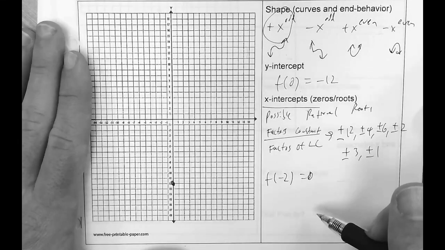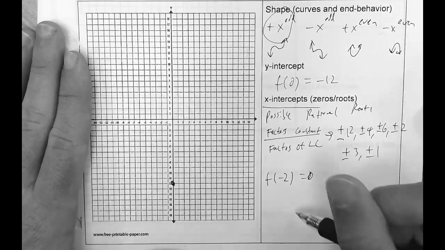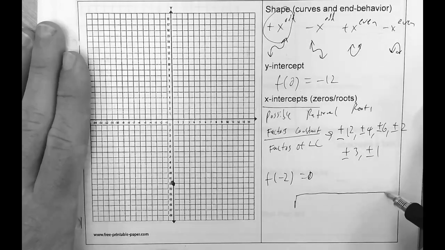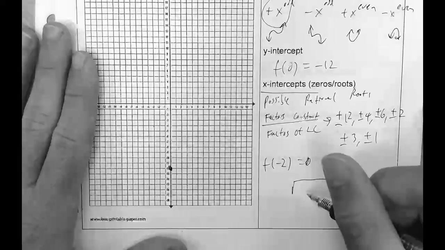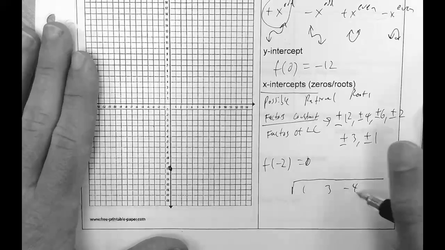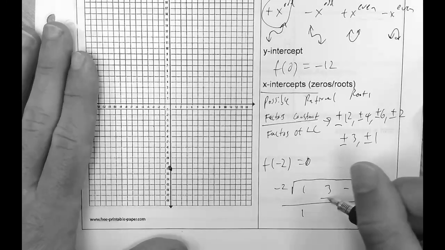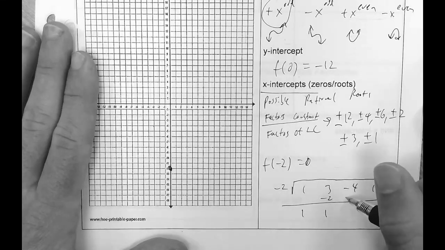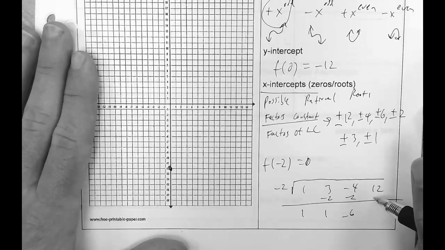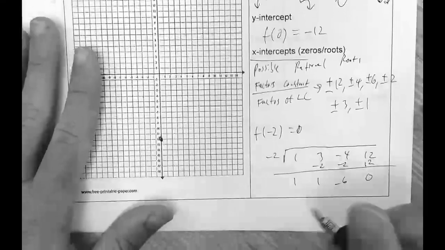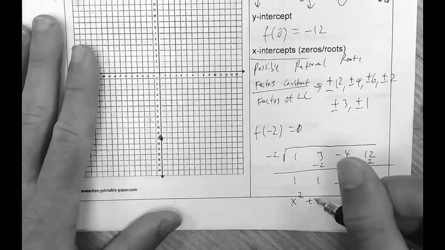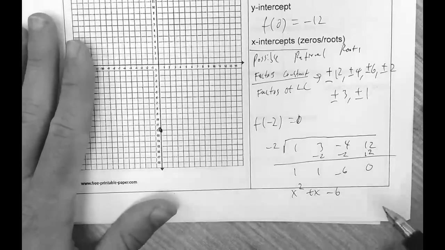So we would do long or synthetic division: 1, 3, -4, and 12, and then -2 on the outside. We just drop the 1, then -2, then 1, then -2, and then -6, and then 12, and then 0. So we'd have x squared plus x minus 6, and we can factor this.